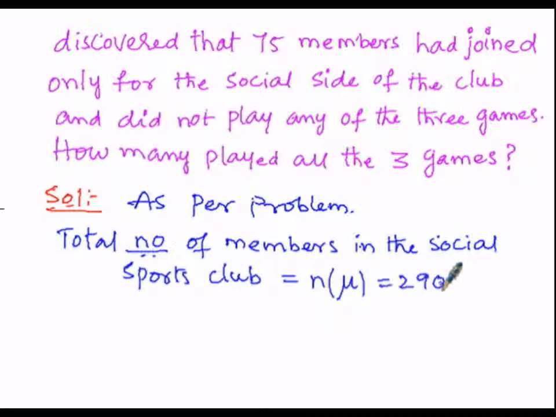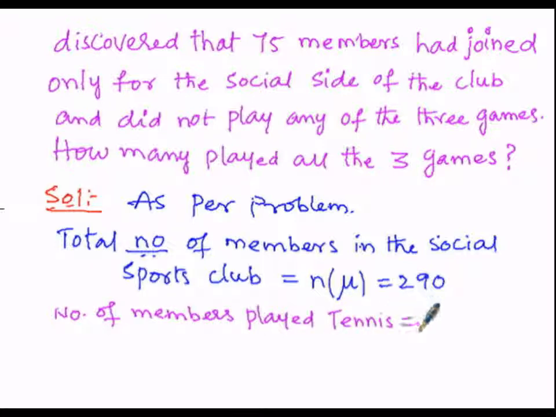But as per the problem, 120 played tennis. So the number of members who played tennis can be given by n of T, tennis I am going to indicate by capital T. So n of T is equal to 120.